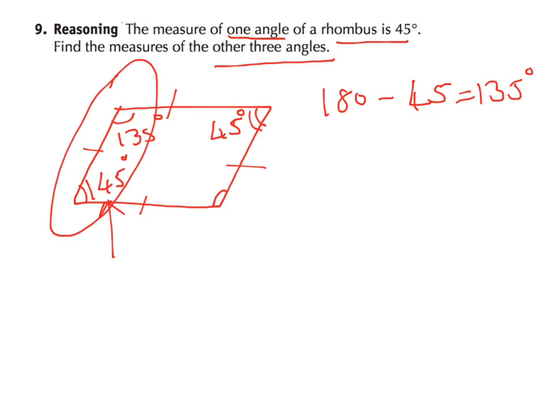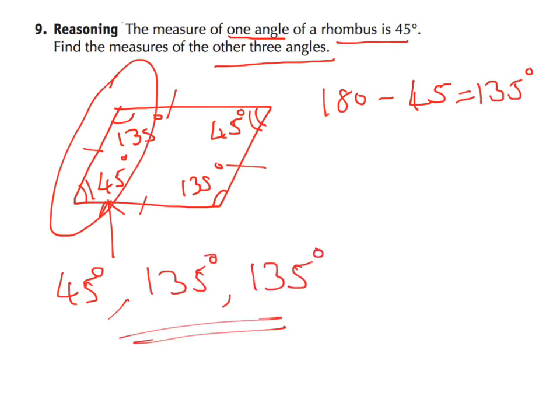So if this is 135, the opposite of that will also be 135 degrees. So the measure of the other three angles will be 45 degrees, 135 degrees, and 135 degrees. You can check the result by adding all the four angles, and that should be equal to 360 degrees.